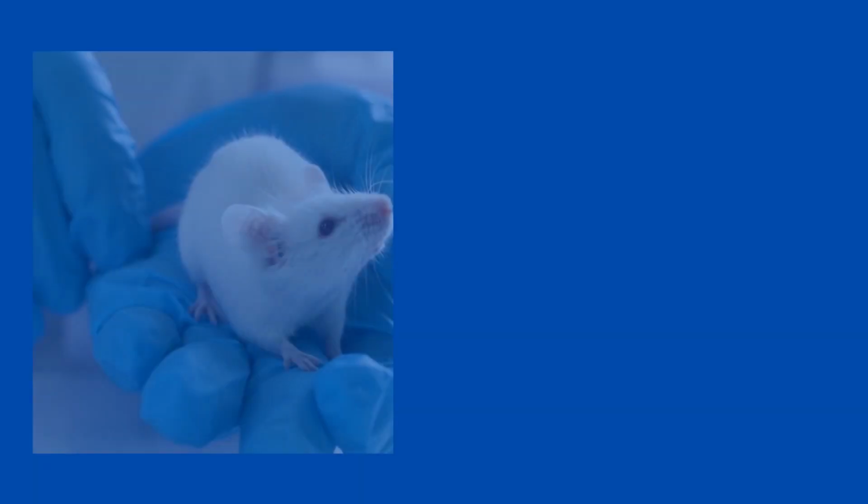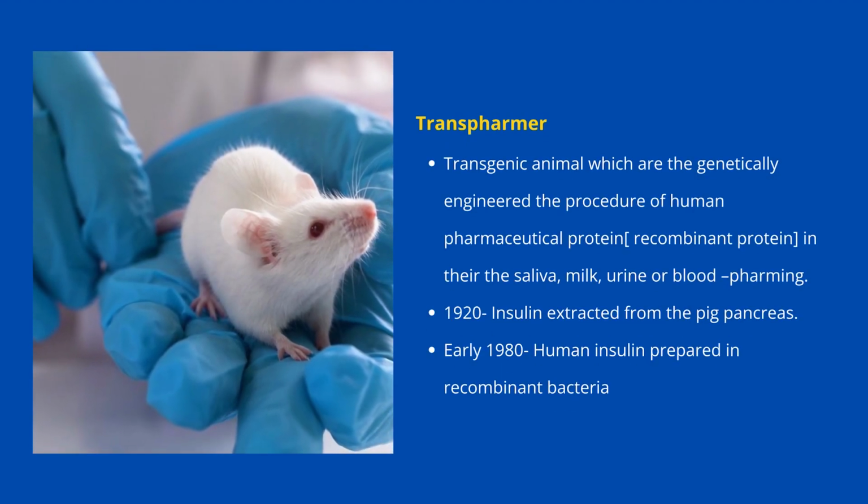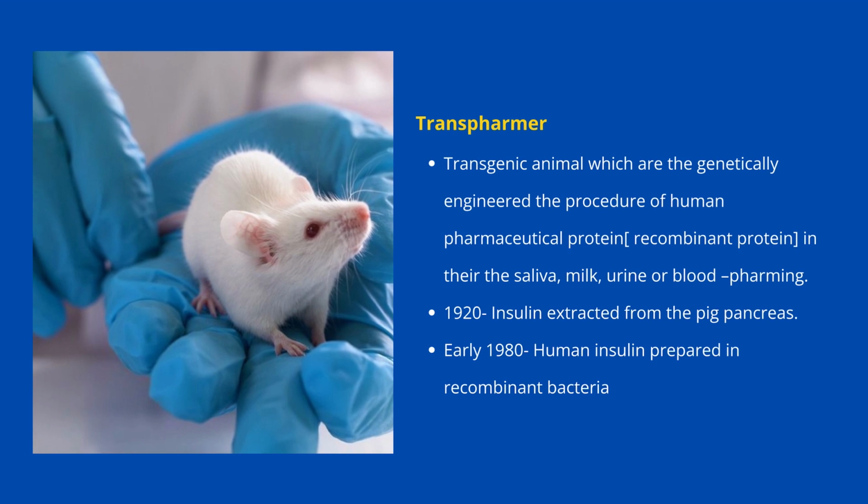Next one is the transformer. Transgenic animals, which are genetically engineered, produce human pharmaceutical proteins, recombinant proteins, in the saliva, milk, urine or blood. In 1920, insulin was extracted from pig pancreas. In the early 1980s, human insulin was prepared in recombinant bacteria.